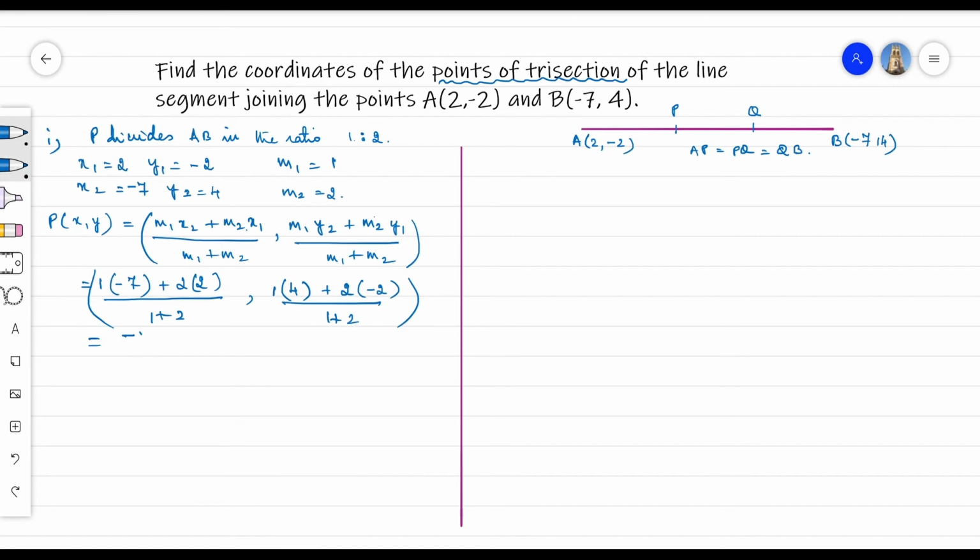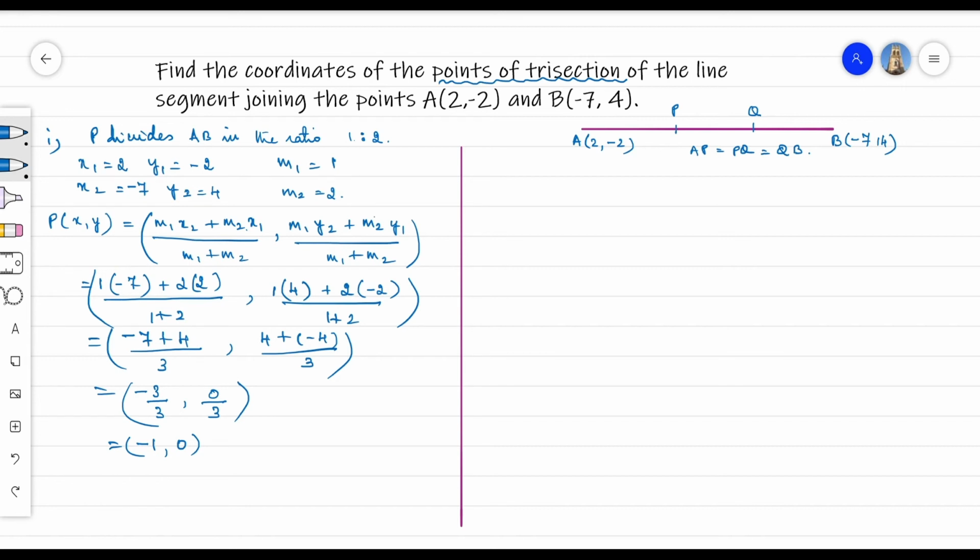It is minus 7 plus 4 by 3, 4 plus minus 4 divided by 3. So that is equal to minus 3 by 3, 0 by 3. So that is equal to (minus 1, 0). So we found the coordinates of P as (minus 1, 0).